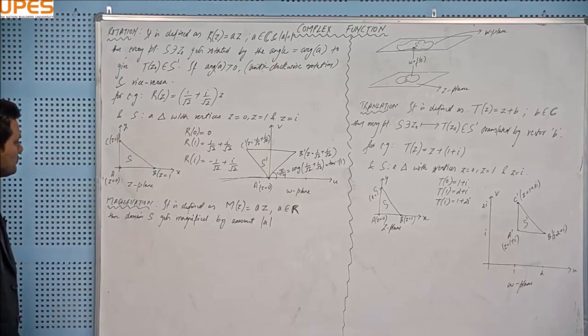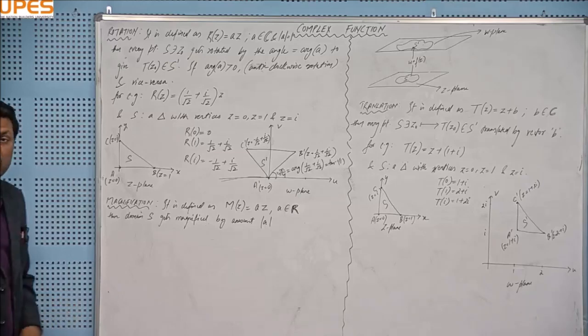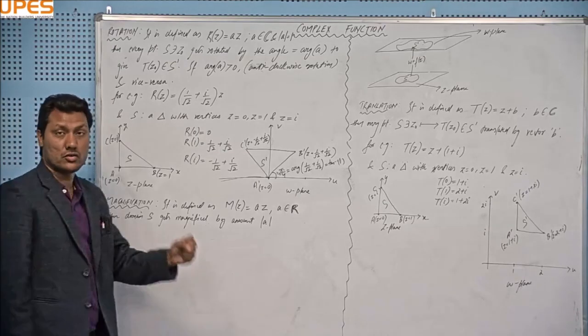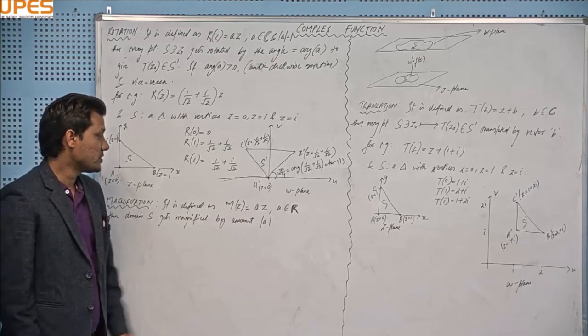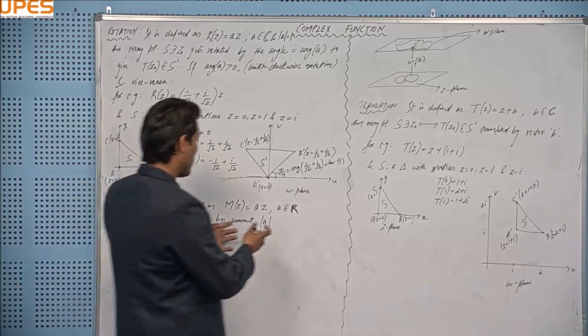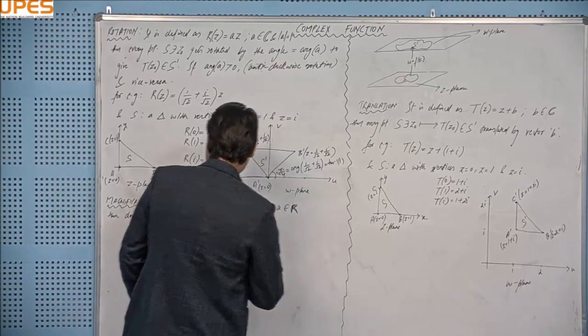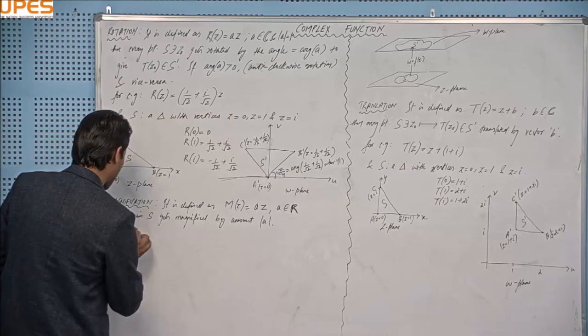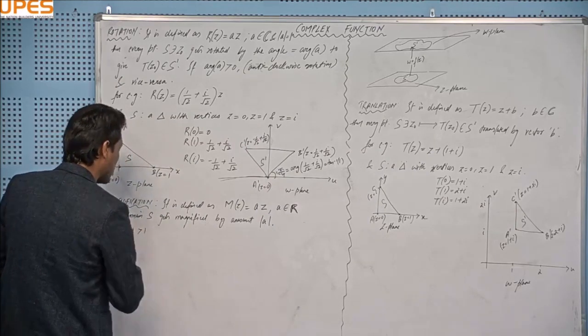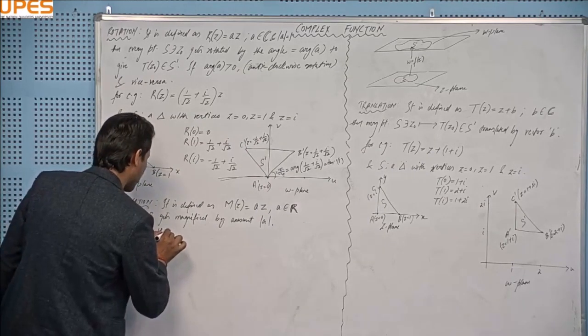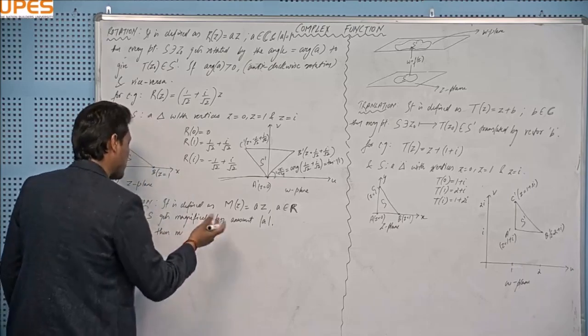Fine. And magnification is also possible, contraction is also possible, shrinking is also possible if this a is less than 1, magnified by the amount this. If a is greater than 1, then it is magnification, or you call it expansion, right?